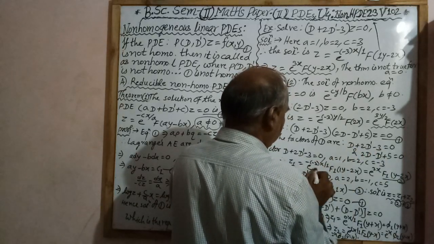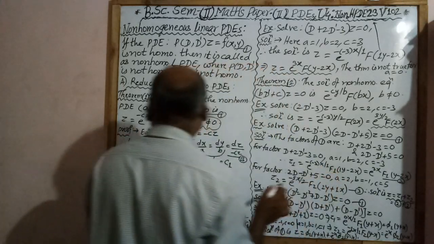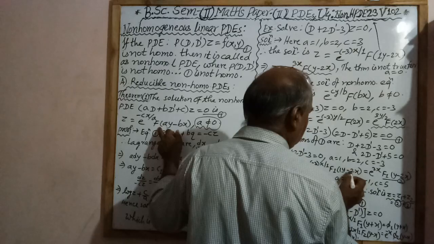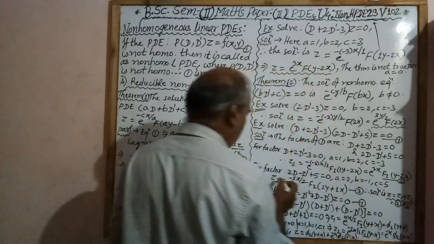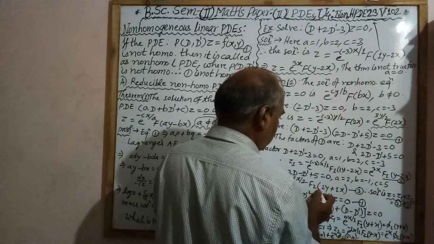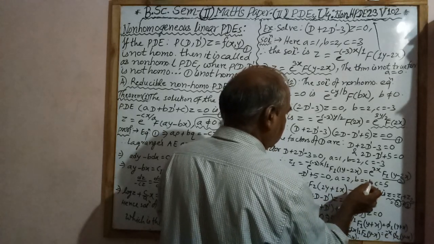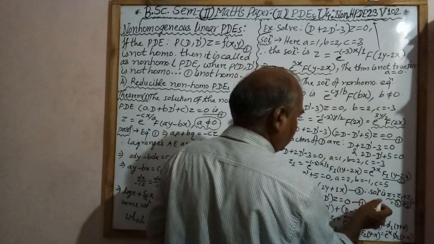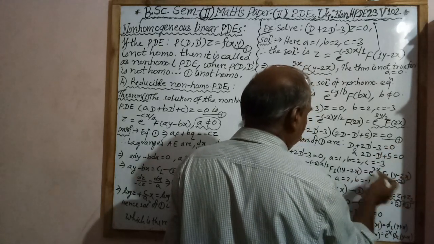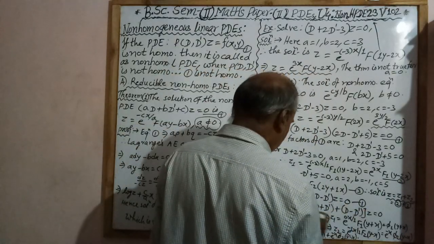Therefore, we obtain the first solution z1 = e^(-Cx/A) f(Ay - Bx) by the first theorem, with A = 1, B = 2. For the second factor, we obtain the solution z2 = e^(-5y/2) f2(y + x), because B = -1. Here the solution of the differential equation is given by adding the solutions of these two factors, z1 plus z2.